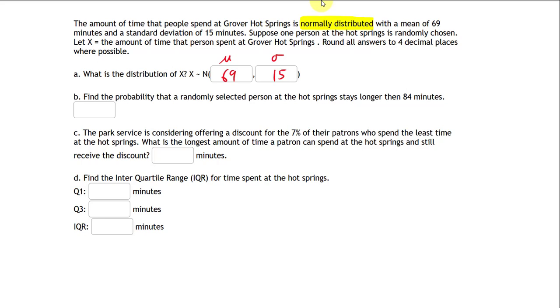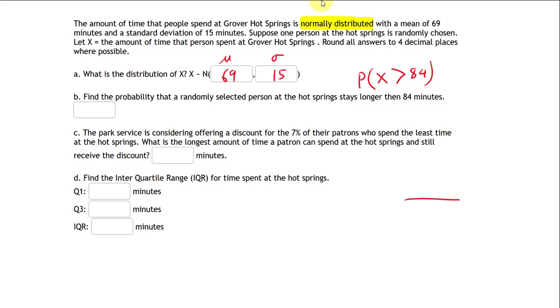Next question. Find the probability that a randomly selected person at the hot springs stays longer than 84 minutes. So we are looking for the probability that the random variable is longer than, or bigger than, 84 minutes. So we know that this is a normal distribution, right? So it has to be the bell curve.